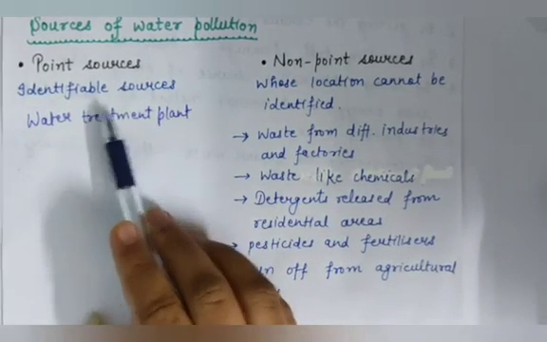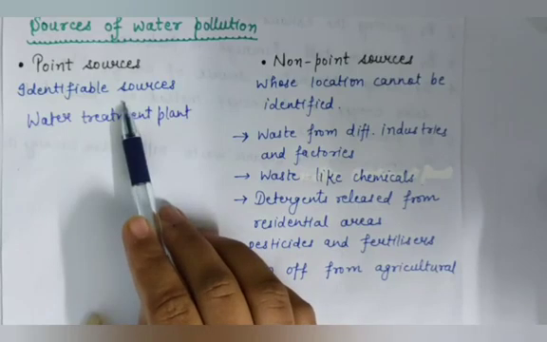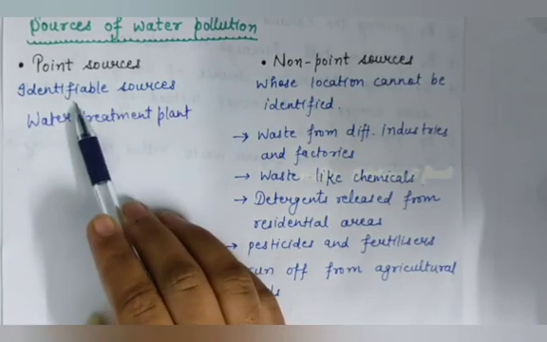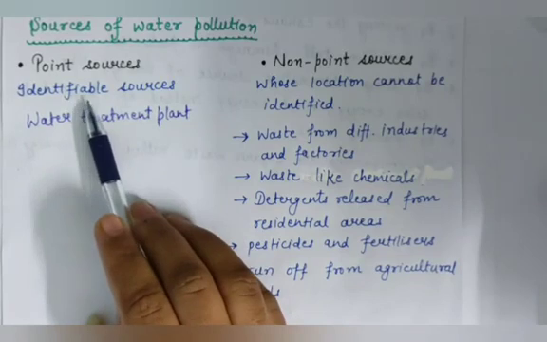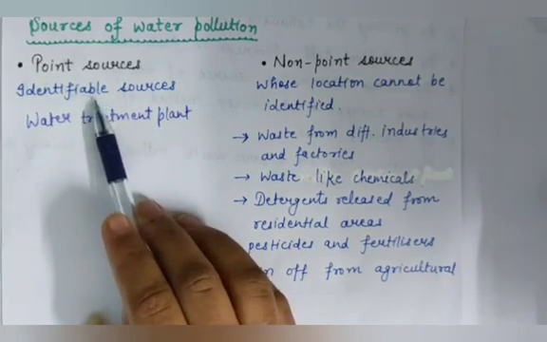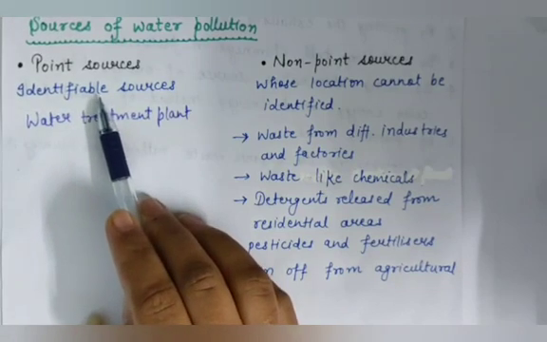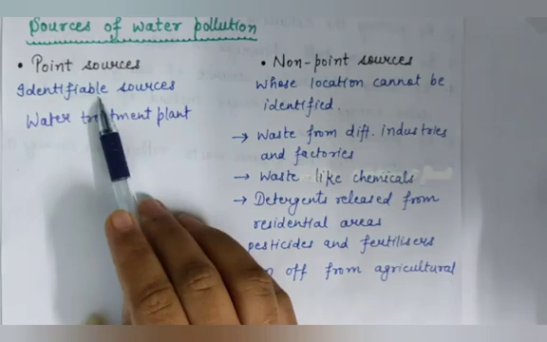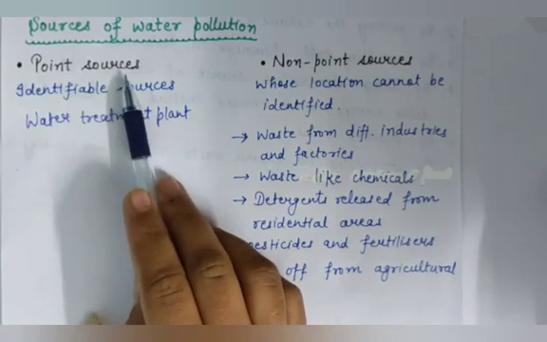The sources of water pollution which can be identified, meaning if we can identify where the pollutants come from, then these types of sources are called point sources.